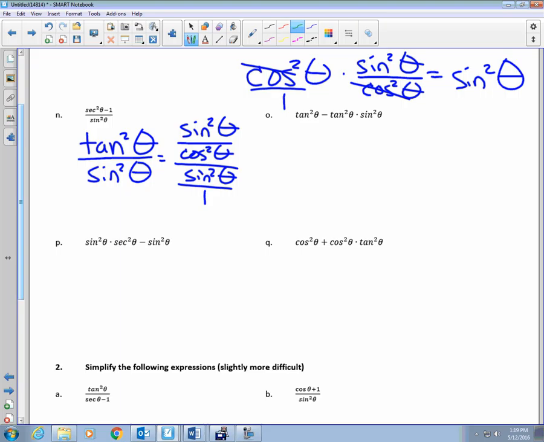So I'll multiply by the reciprocal. And what happens? Over cosine squared, is that something special? Secant squared.